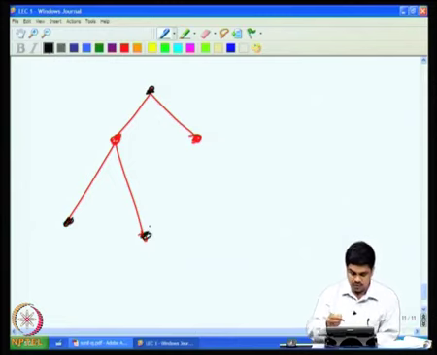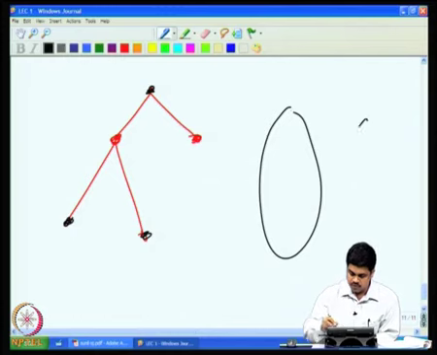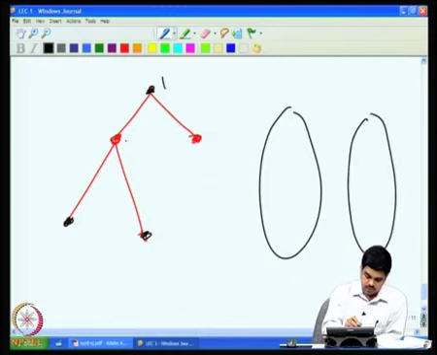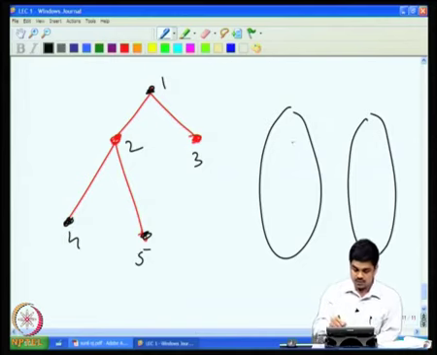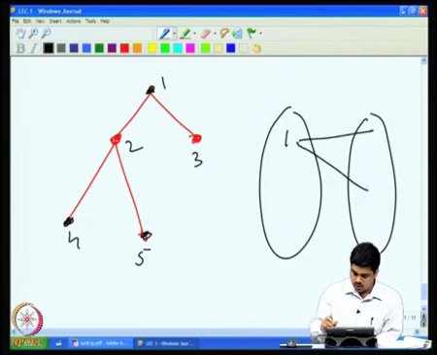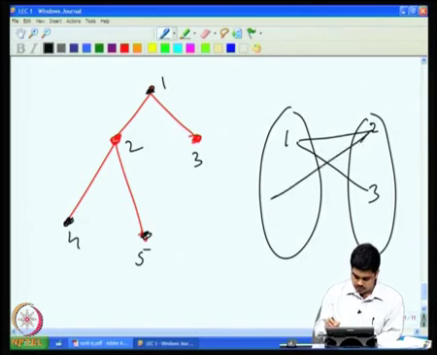So, for instance, if you want to see it in this 2-part form, so 1, 2, 3, 4, 5, then I can place 1 here, and then 2 and 3 should go to the other side, and the neighbors of 2 should come to this side, 4 and 5.